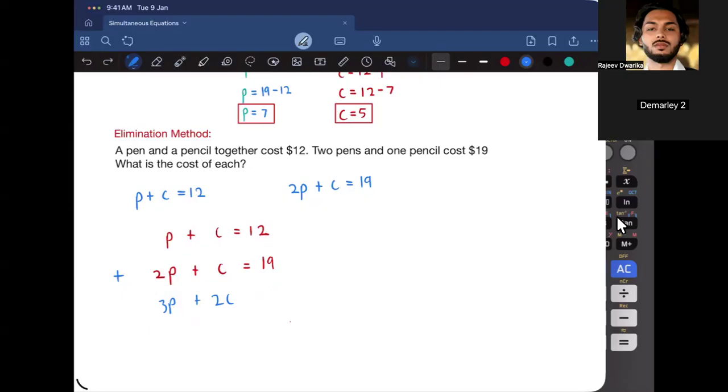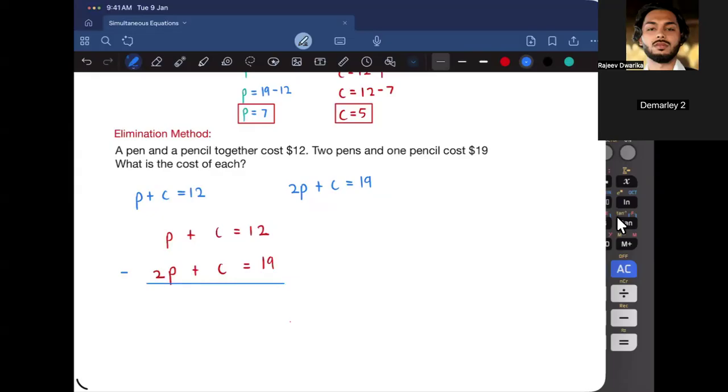What we should have done is subtract. Why should we subtract? It's because I have plus C over here and plus C over here. What is plus C minus plus C? Or in other words, what is C minus C? 0. And we can only solve it when we have 1 unknown.